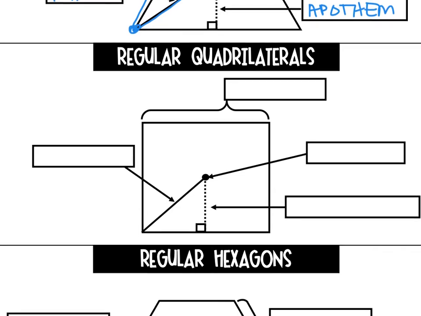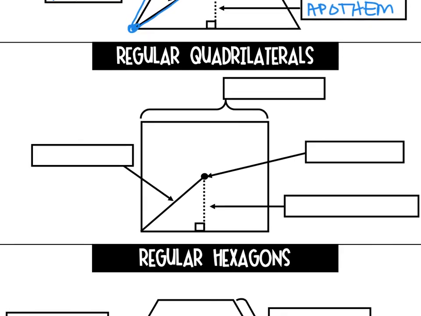So for a regular quadrilateral, by the way, another name for that is square. Okay, we have our radius, our center, and apothem. That other thing you already know is a side.